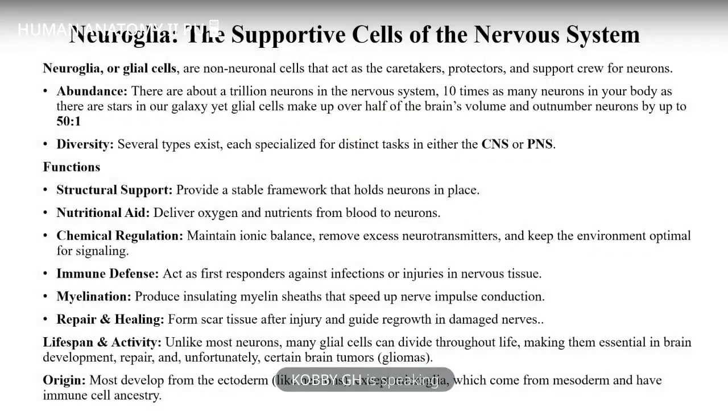Okay, so yesterday I think we got to neuroglia, or the glial cells. We learned that the glial cells are the protective cells of the nervous system. That simply means that they play protective roles in the nervous system.